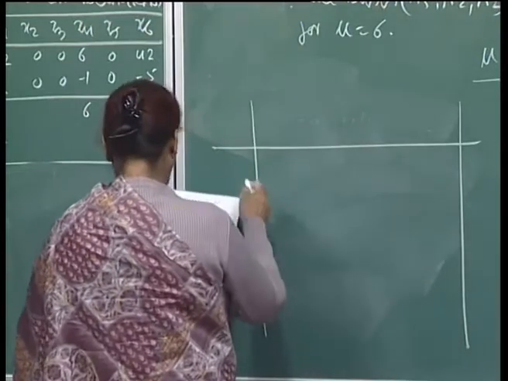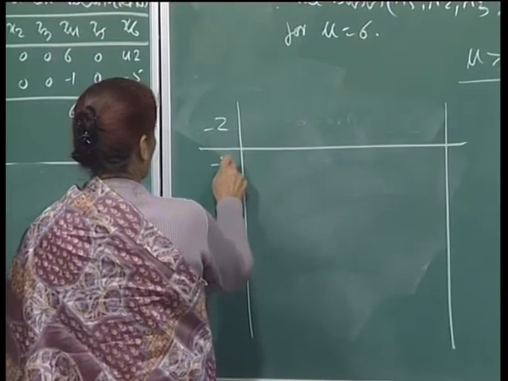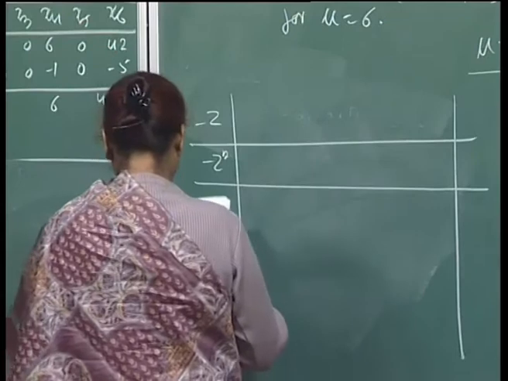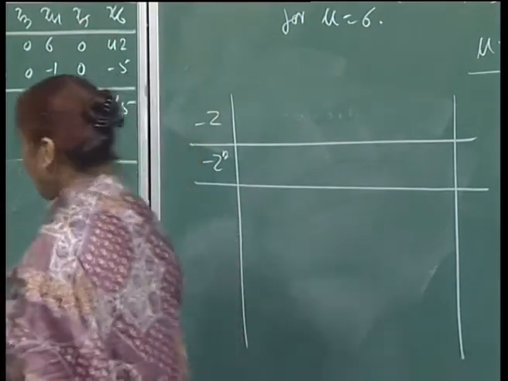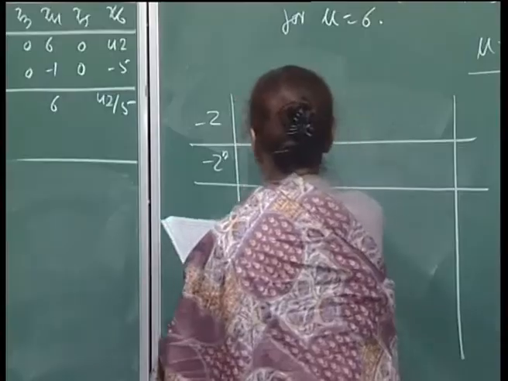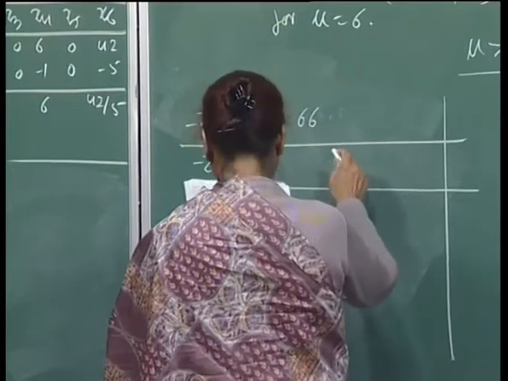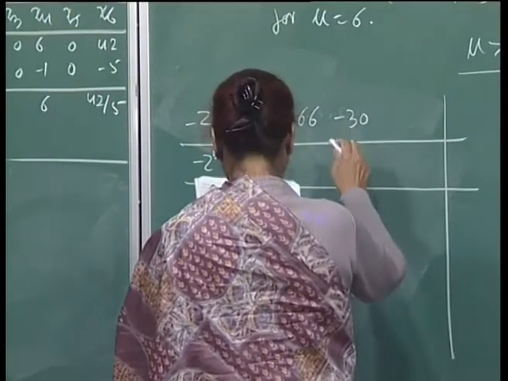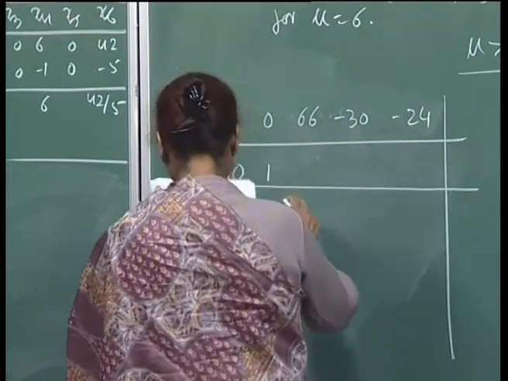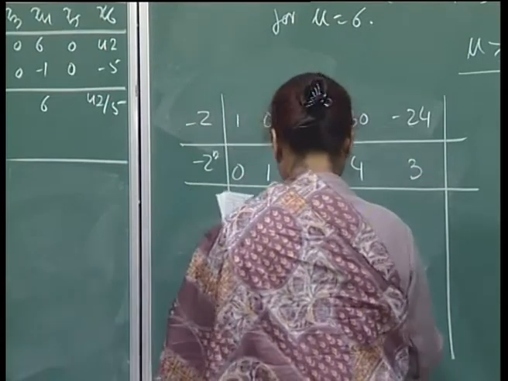So this is your minus z star, this is this, and so this I am showing you after pivoting. So this table is after the pivoting, okay, and the numbers are 1 0 66 minus 30 minus 24 0 1 minus 8 4 3, okay.